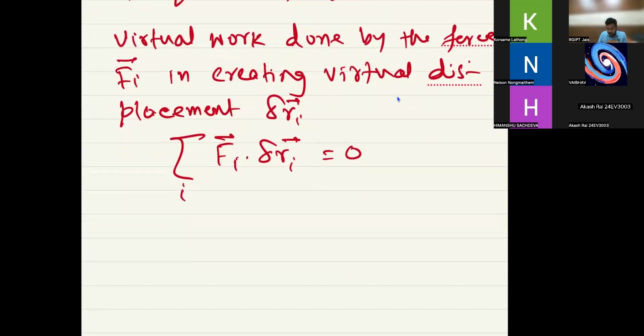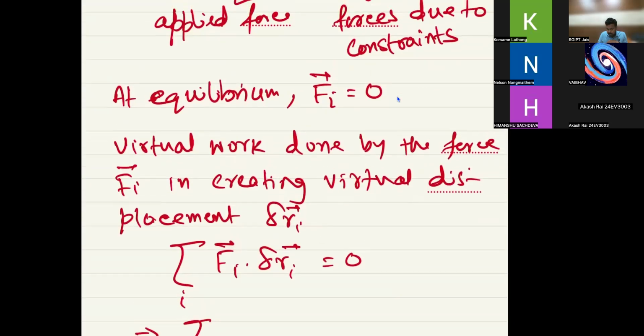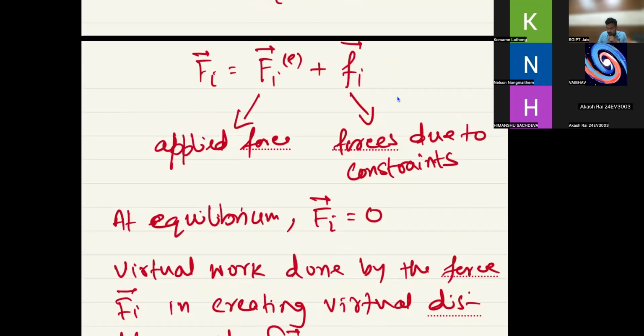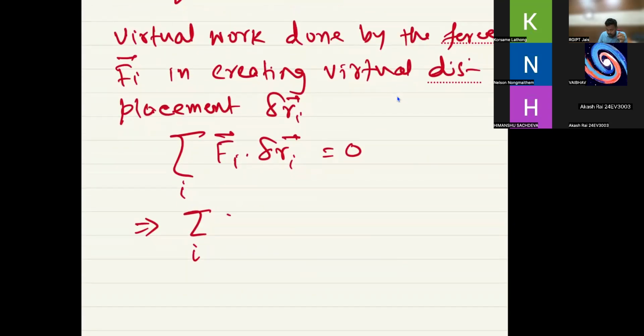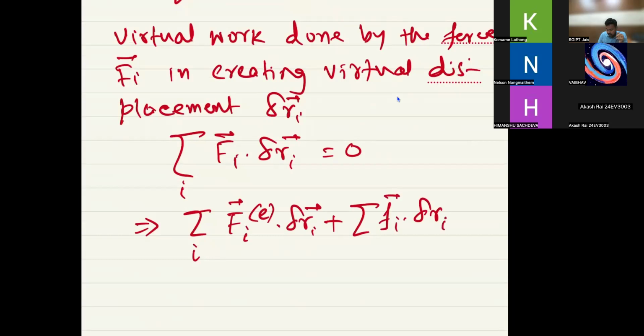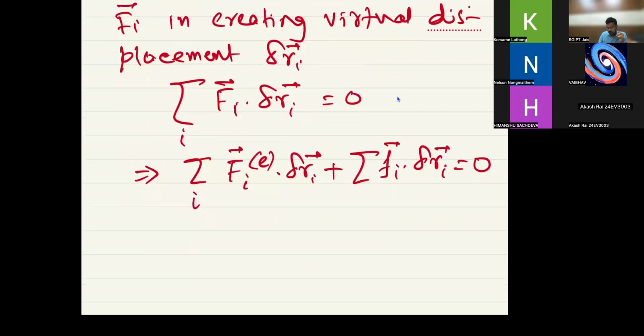Now, if you write down the components of Fi, Fi is the applied force plus small fi. So you can expand this as Fi applied dot delta Ri plus the forces due to constraint dot delta Ri, and this should be equal to 0.